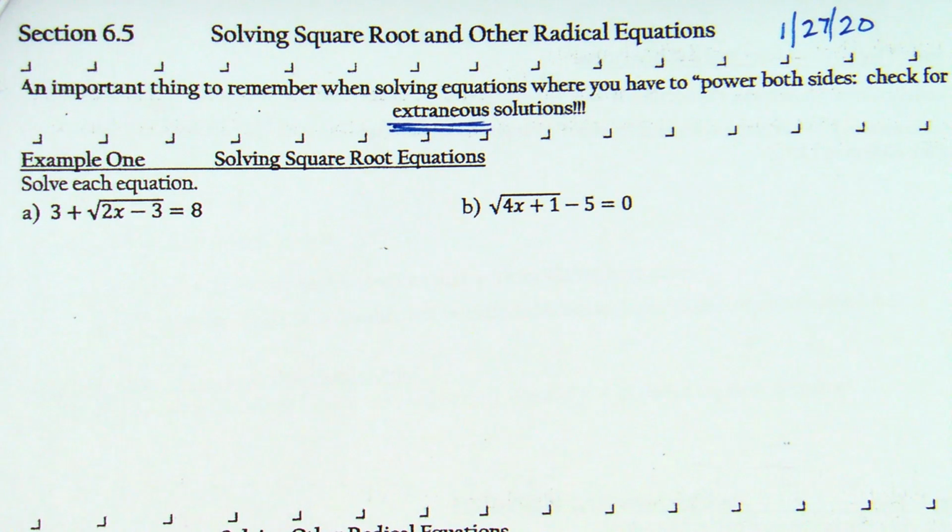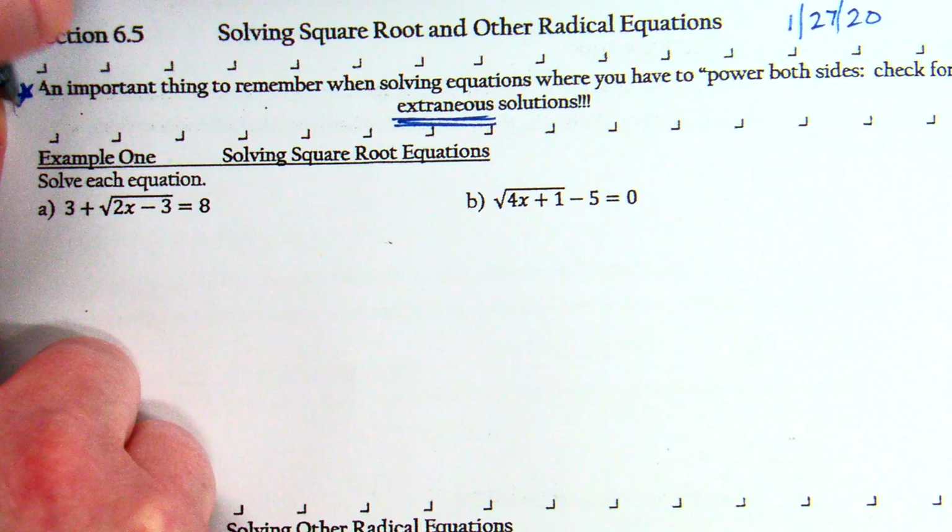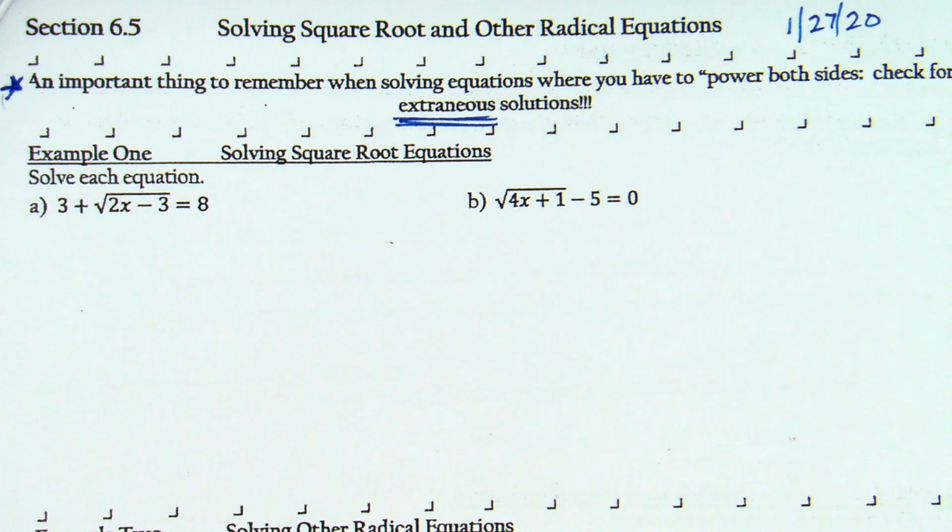I'll talk on and off throughout the homework today about checking your solutions. Tomorrow is where we'll really get into the idea of extraneous solutions. So, a key note to remember: anytime you're dealing with radicals and powers, we have to watch out for extraneous solutions.